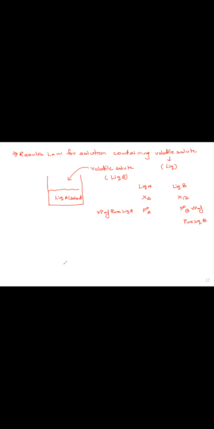So now listen carefully. According to Raoult's law, for liquid A, PA is equal to XA into P naught A. Similarly, for liquid B, PB is equal to XB into P naught B. Clear?